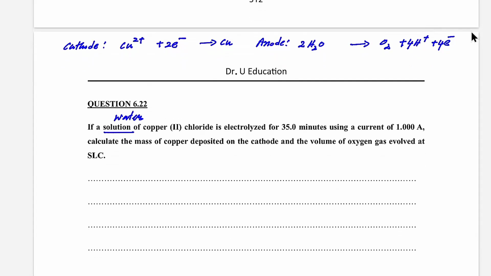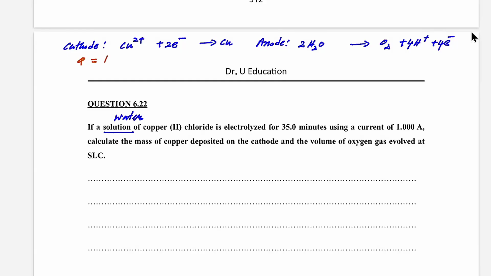Now, okay, that's enough, I think. Now, 35 minutes, 1 ampere. So your Q is going to be I times T, right?